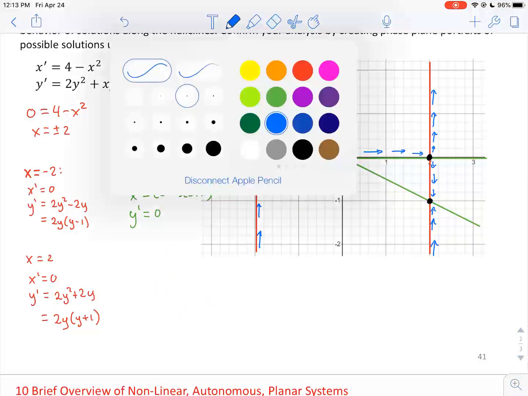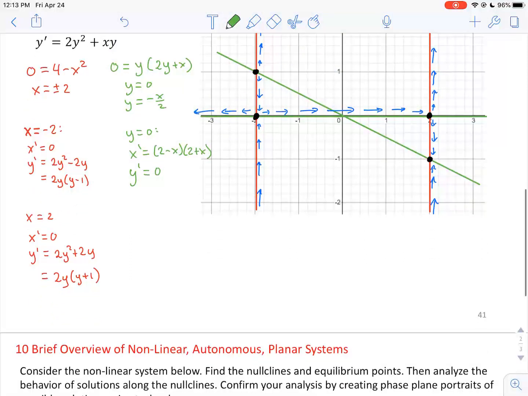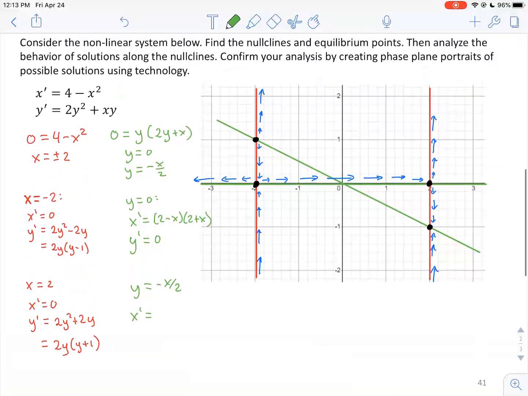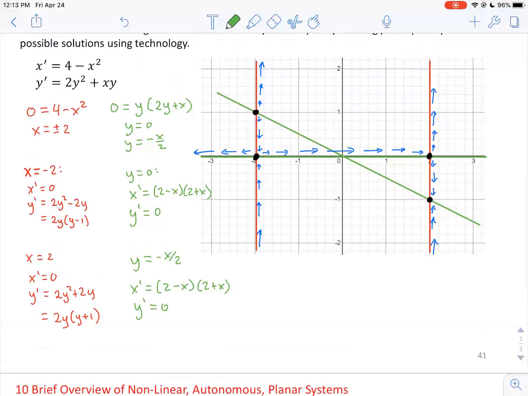And then let's do our last portion of our y nullcline. That was when y is equal to -x halves. Well, again, there are no y's here to plug into. So x prime is still governed by just 2 minus x times 2 plus x, and y prime is again 0. It's going to be entirely dependent on what x you pick that will determine what x prime is.